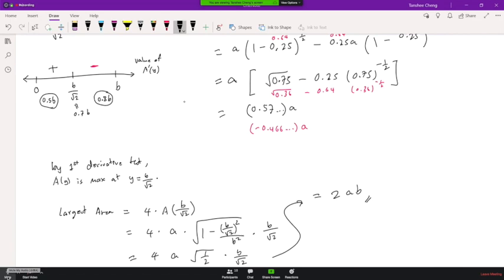So this is a very tedious problem on justifying the maximum and minimum on your critical value. So, any questions on this?